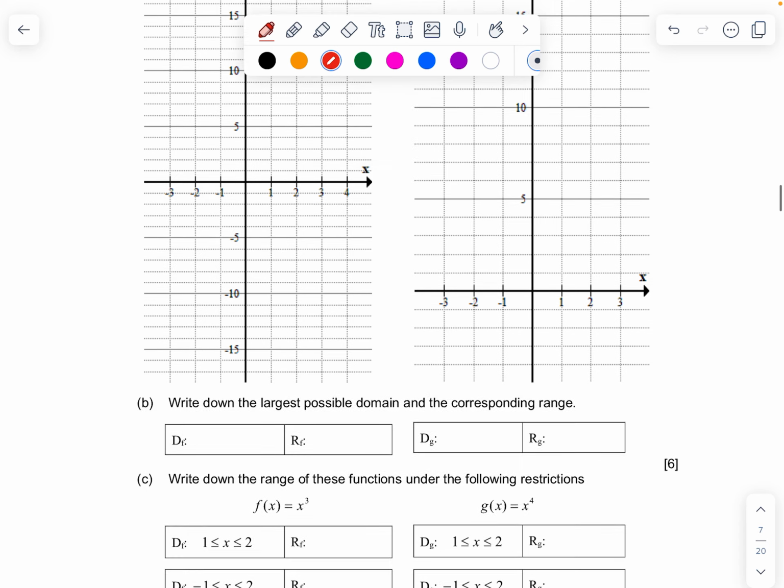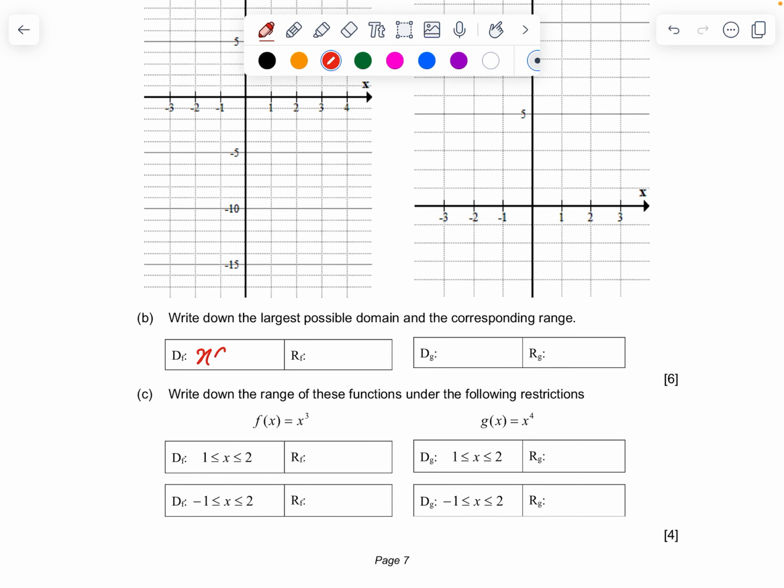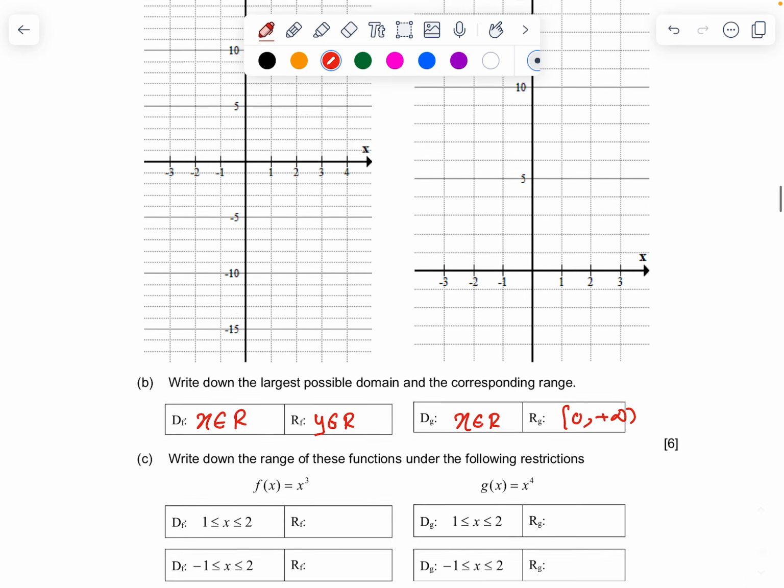So the domain of x cube has to be x belongs to R because any number is possible, and the range also is going to be y belongs to R. For x power 4, the domain is x belongs to R, but the range is always a positive number. So 0 to positive infinity because we don't get negative answers.